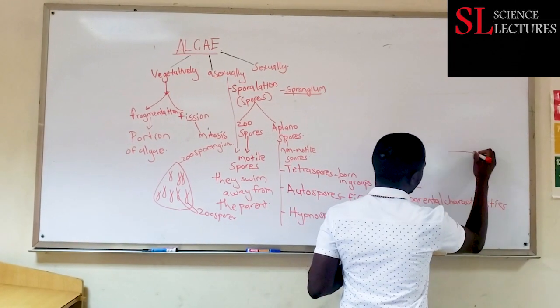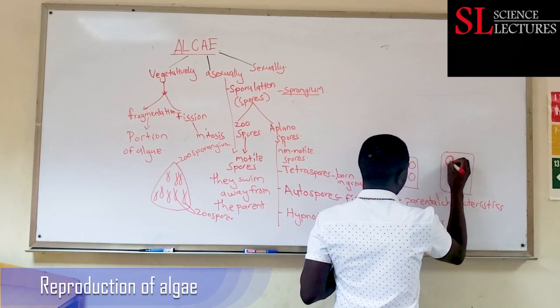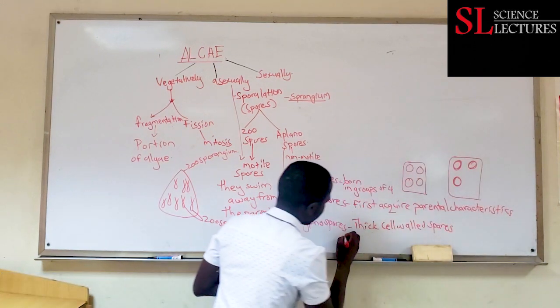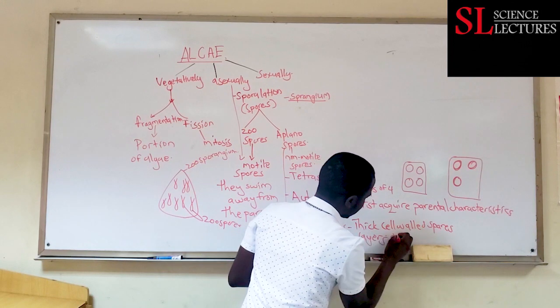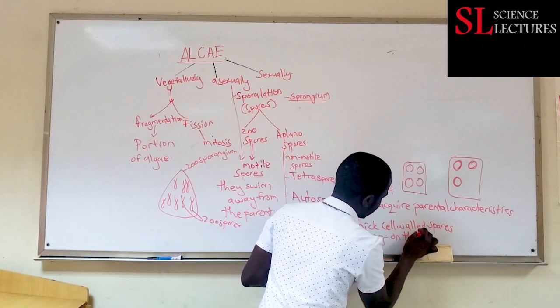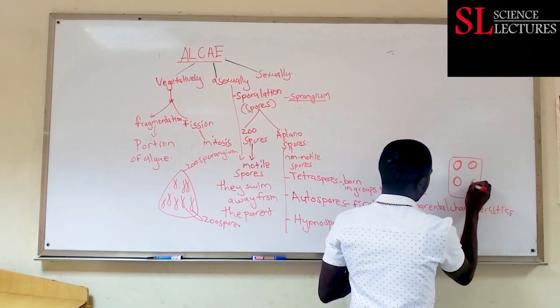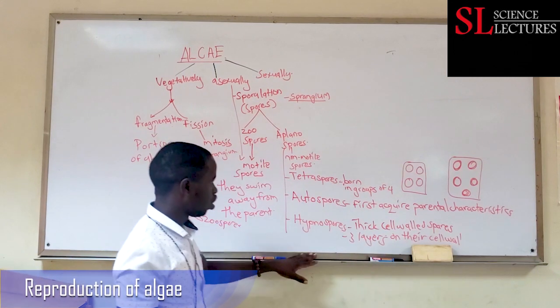If I try to illustrate them here, it looks like this. They have three layers on their cell wall. So those are the hypnospores.